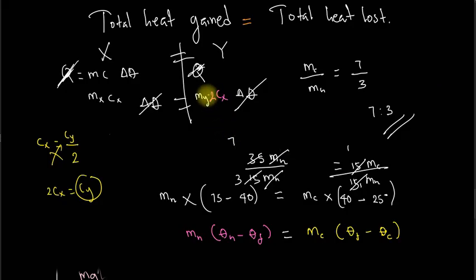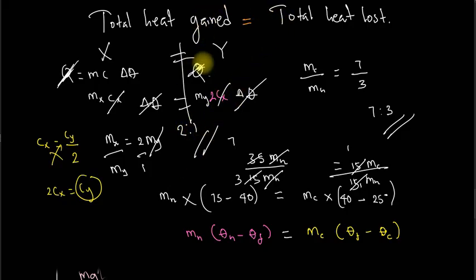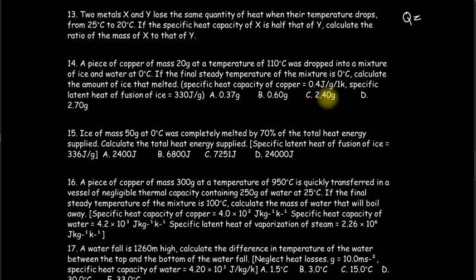Cx can also cancel out from both sides, and we're left with Mx equals 2My. Therefore, the ratio of Mx to My is 2 over 1. So the answer is 2 ratio 1.